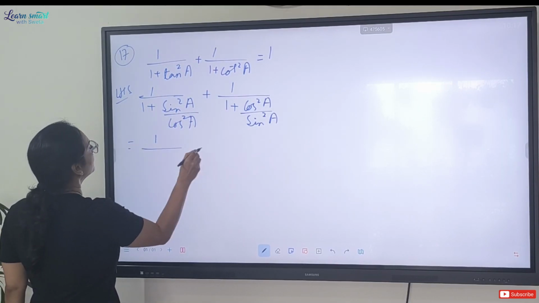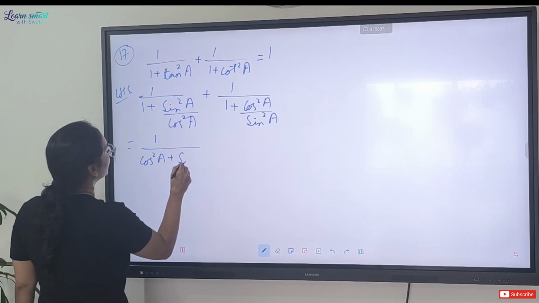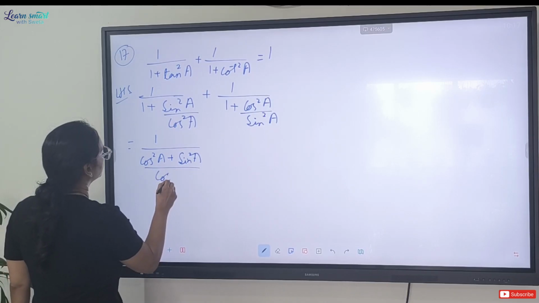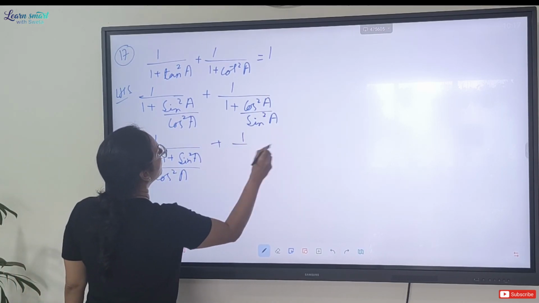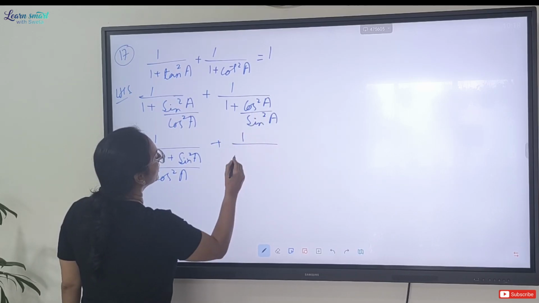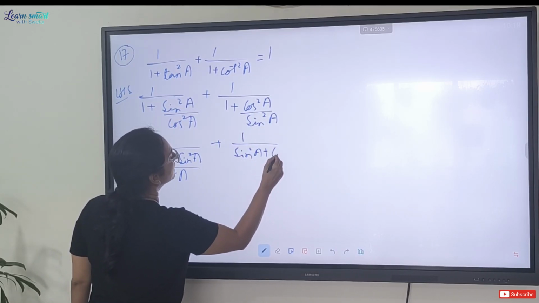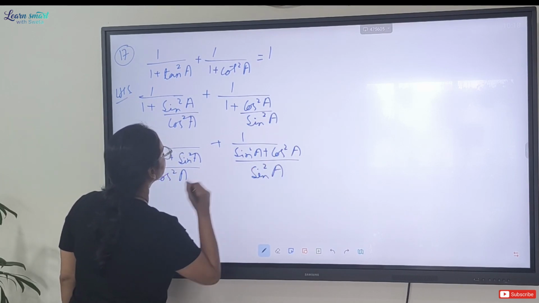We can write it as 1 upon (cos square A plus sin square A) upon cos square A, and here 1 upon (sin square A plus cos square A) by sin square A.